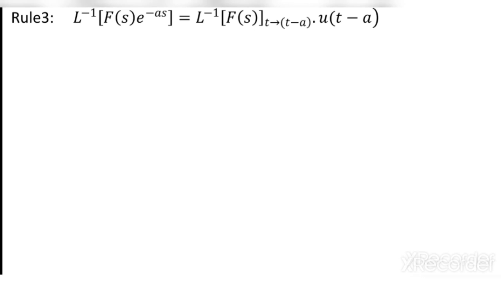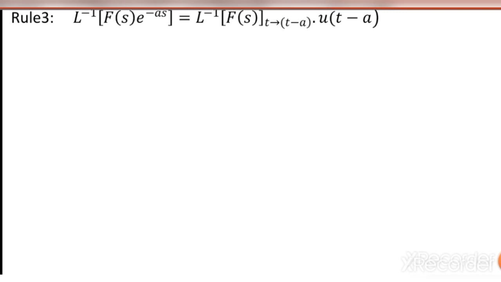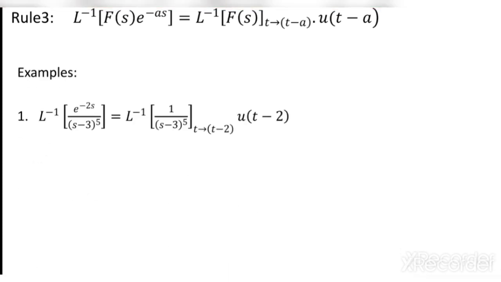So what we have to remember is, whenever we have L inverse of something associated with e power minus as, the result will be in terms of unit step function. Identify the coefficient of minus s, that is a, u of t minus a, and allow L inverse to occur for f of s. The result once you obtain is f of t, but replace t by t minus a. So I can show some examples.